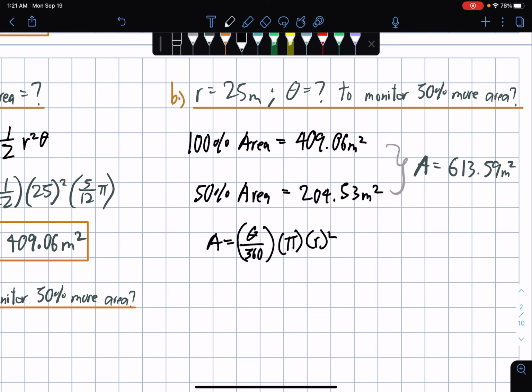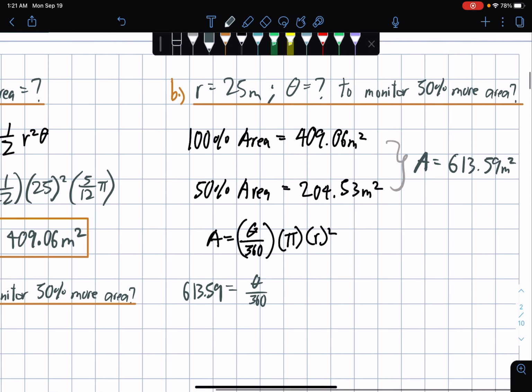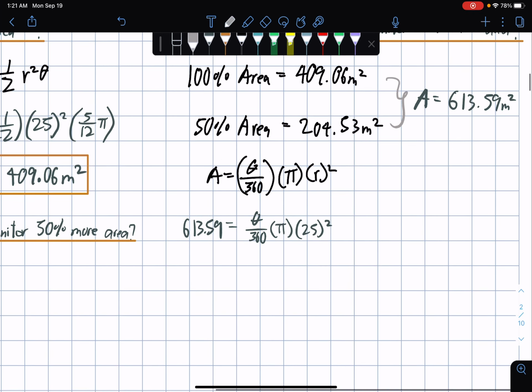Alright, so A is equal to theta, which is missing, over 360. A is 613.59. There you go. Then times pi times radius raised to 2. Multiply both sides with 360.